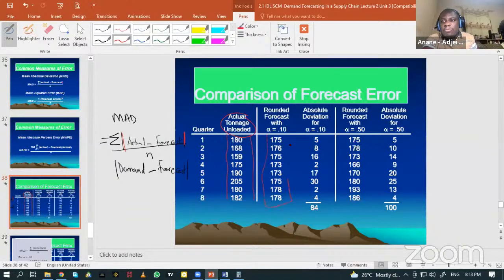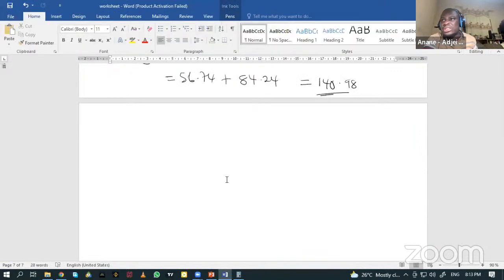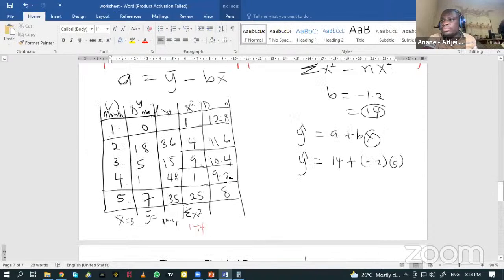In this table, we didn't calculate the forecasts; the forecast figures were given. Assuming we were to use the table where we actually did the calculation, let me go back to this table here.